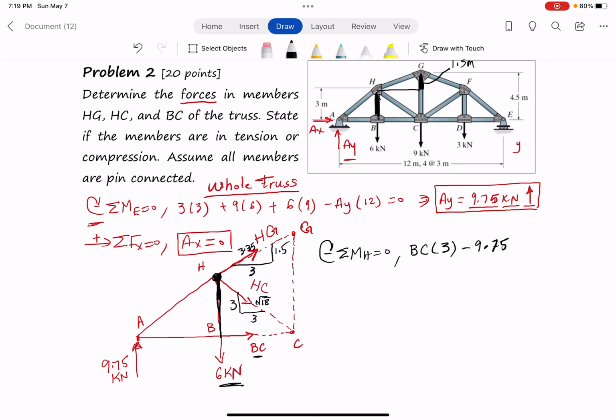And it's point H, so it's 3 meters from here. This is the perpendicular distance of 9.75 kilonewton from point H. So times 3. There's no other forces, equal to 0. It's very clear that BC is 9.75. So the force in member BC is 9.75 kilonewton. And since it is plus, it is tension.